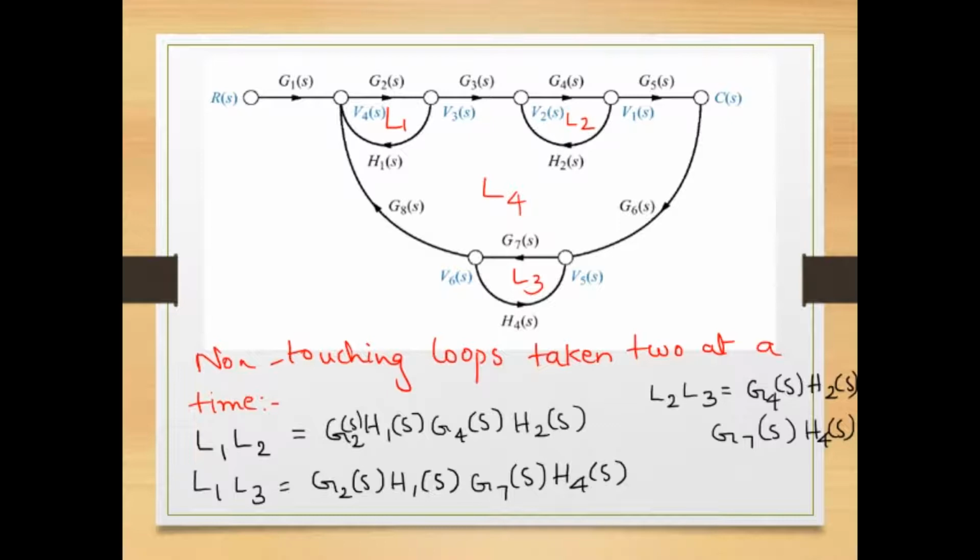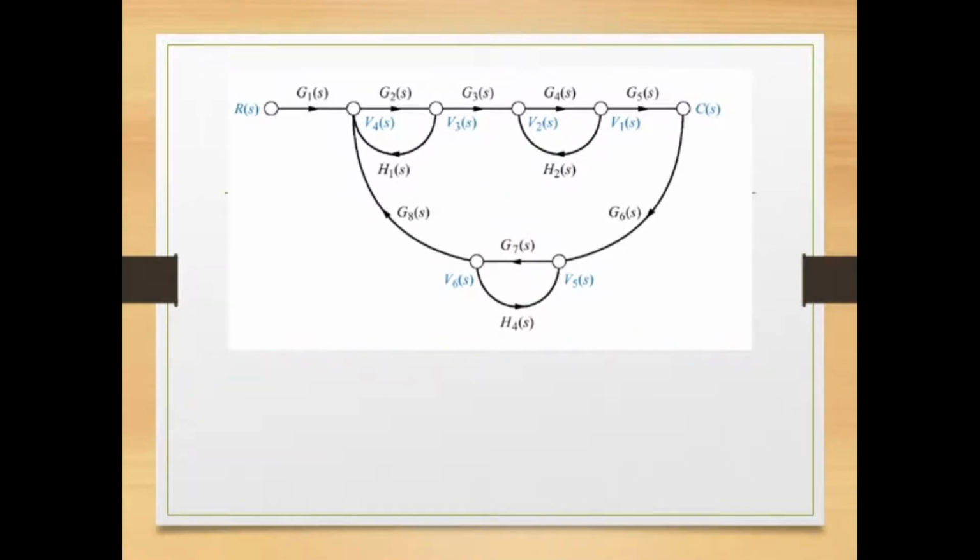Next, we'll have non-touching loops taken 3 at a time. First we denote the loops L1, L2, L3 and L4.